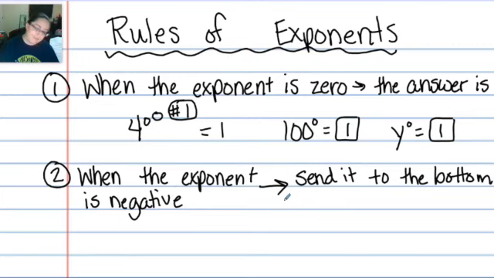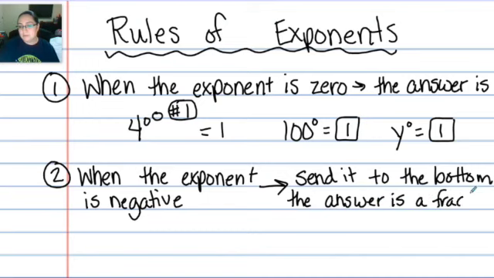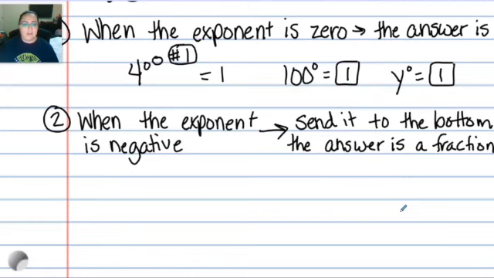The answer is a fraction. Okay, so you could actually, if it's in the denominator already, you actually just send it to the top and it becomes a whole number. But let me show you what I mean.